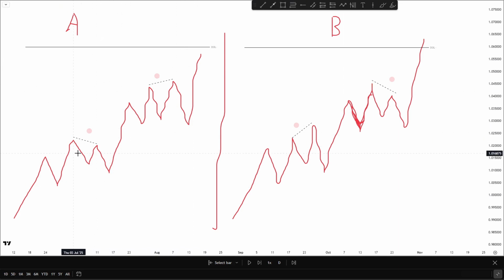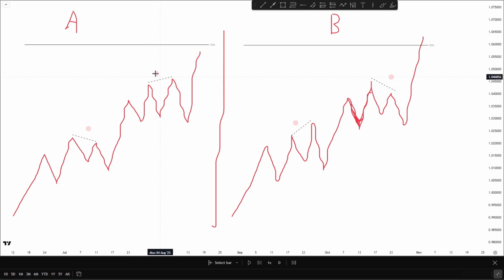In this case, you would have just ignored it instead of assuming that we are going to form lower price action, because the context here is that the drawn liquidity is higher. You wouldn't have regarded these SMT divergences as valid ones, and you would have just ignored them.